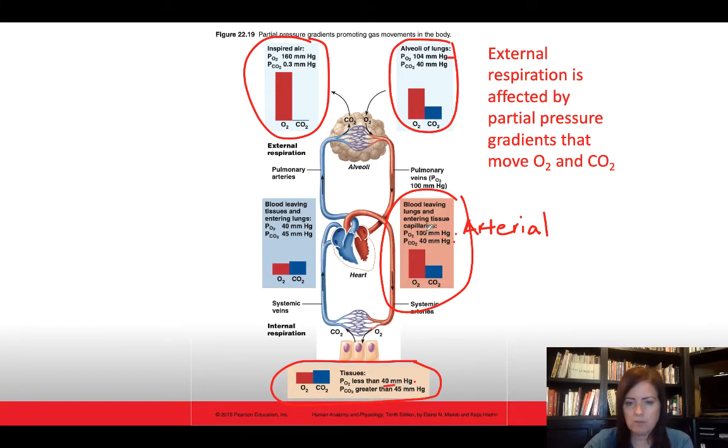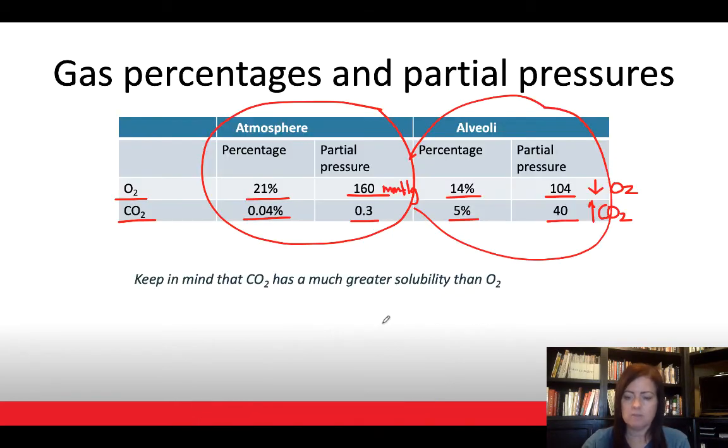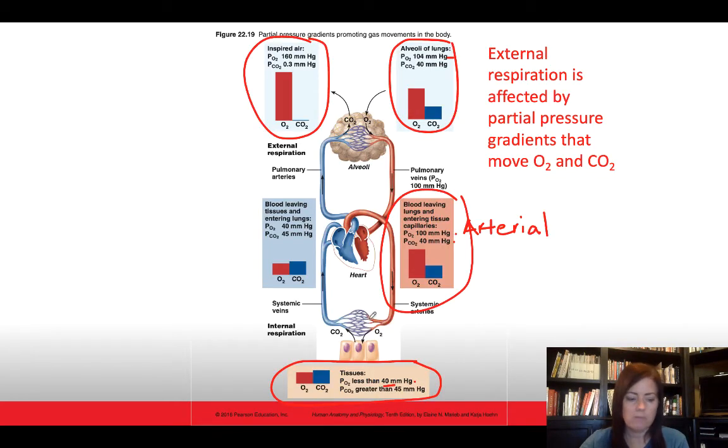So look, if we at this point have a partial pressure of oxygen at 100 in the blood, in the tissue, partial pressure of oxygen is at 40. Oxygen is going to diffuse down its concentration gradient, or down its partial pressure gradient. So that enables oxygen to diffuse from the bloodstream into the tissues, and that's exactly what happens.